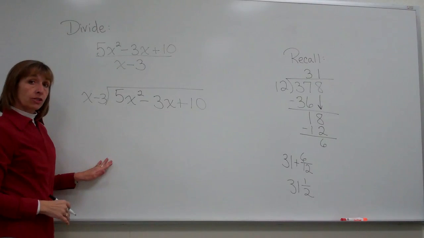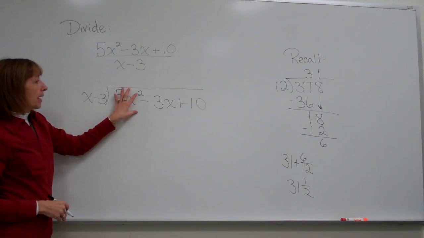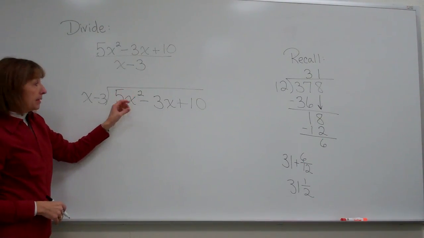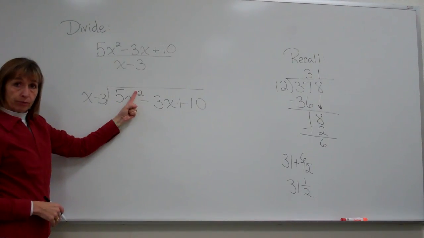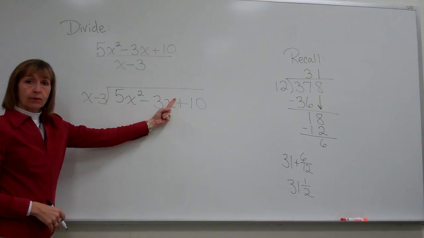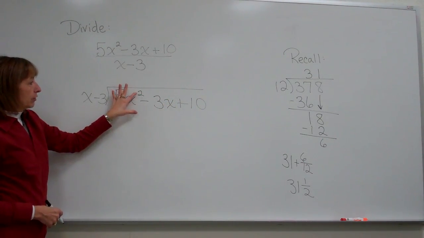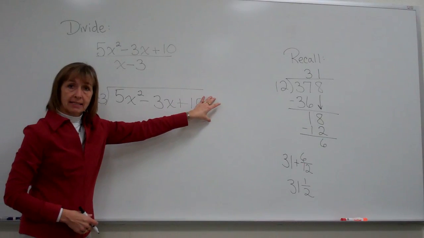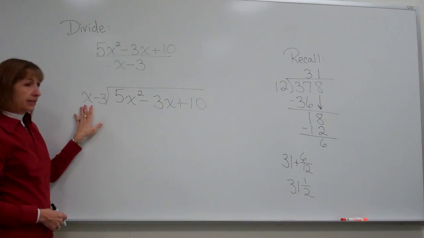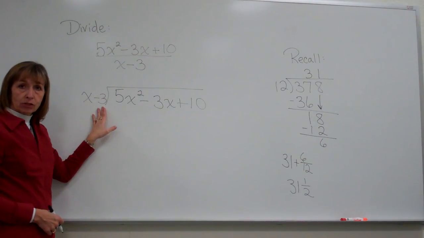Now, it's helpful to make sure that you have your polynomial in descending order, meaning you've got your highest degree term first, and then the next degree down term after that on down the line. So I have a squared term, a first degree term, and a constant term. And then in my divisor, I have my first degree term and my constant term.